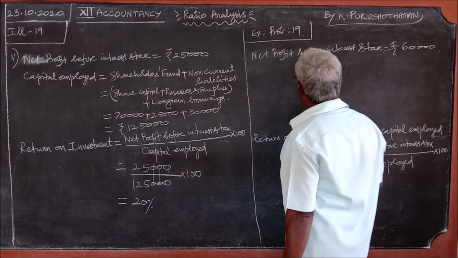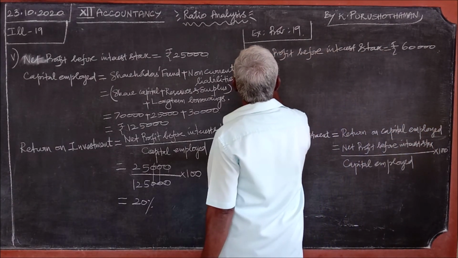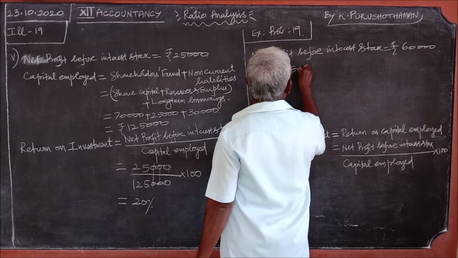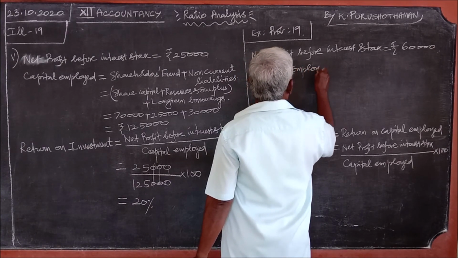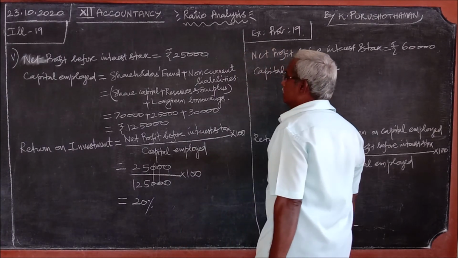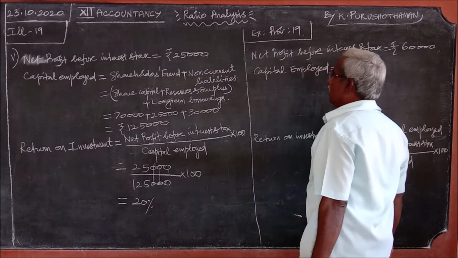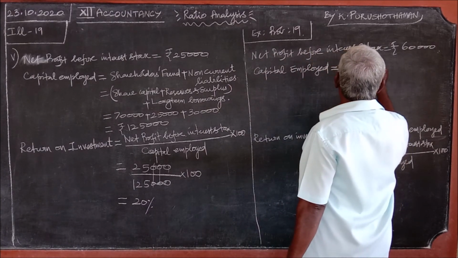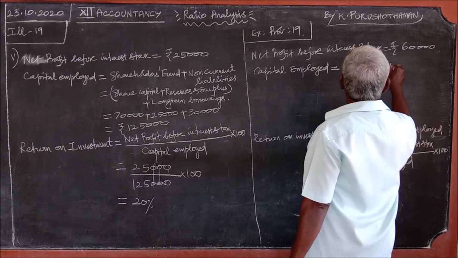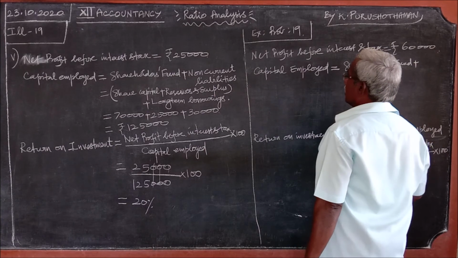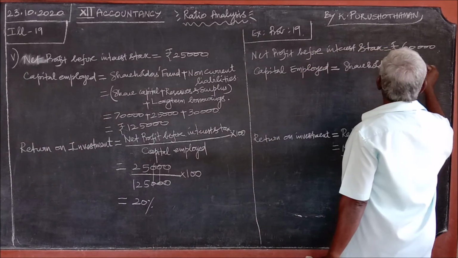Then the denominator, capital employed, is equal to shareholders fund plus non-current liabilities.